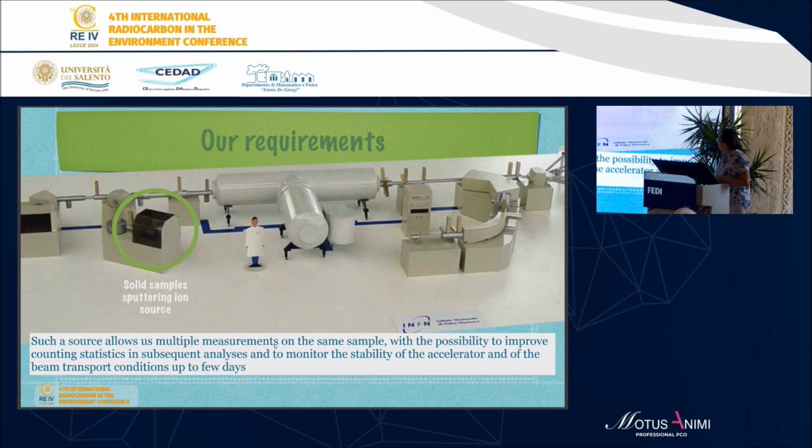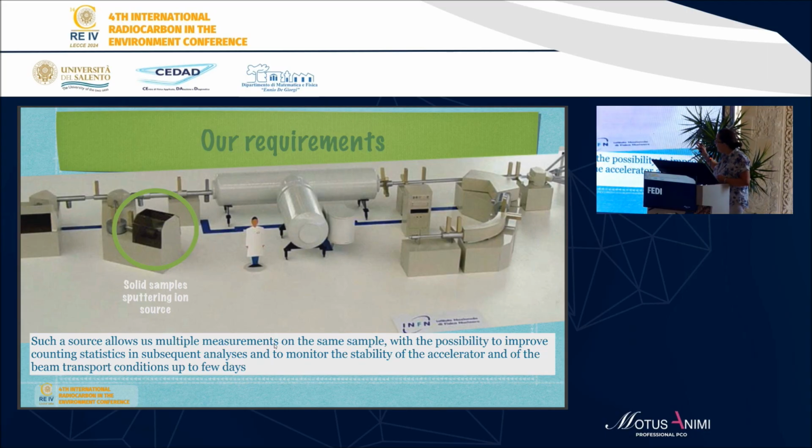This is a very simple model of our accelerator in Florence. It's a typical AMS configuration made of a 3 MV tandem accelerator. It is not a dedicated AMS machine, because we have to share beam time also with the IBA people, but okay, this is okay.